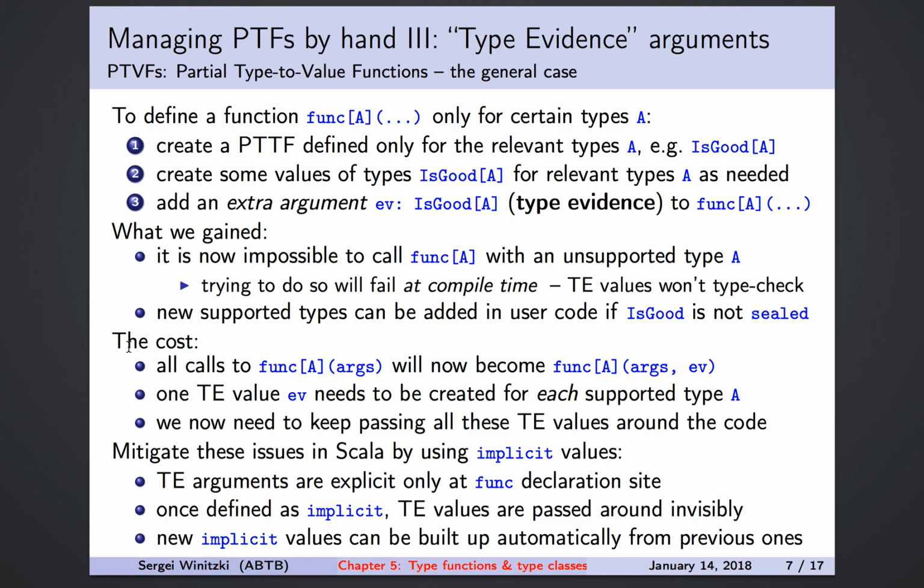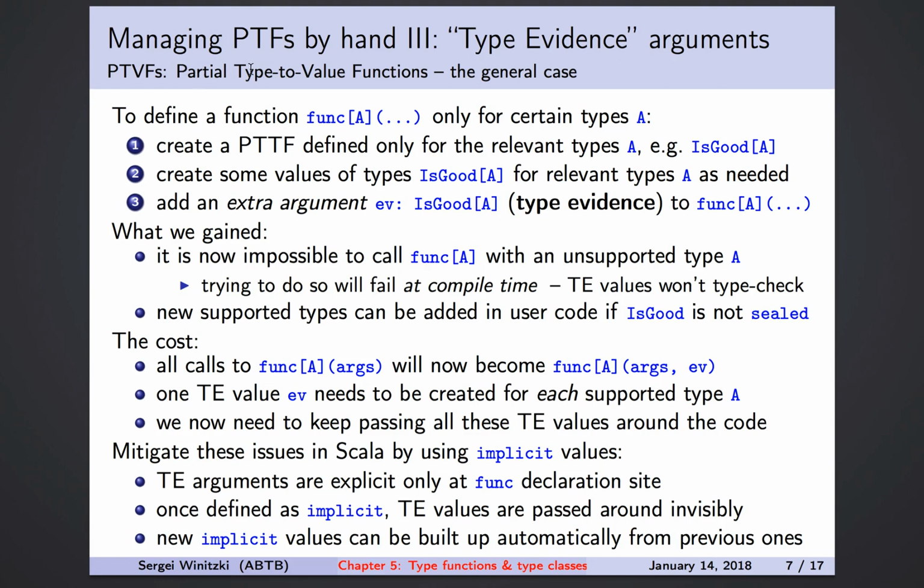However, I would like to emphasize that these are cosmetic issues which make code better and easier to write. They do not change the character of the code in a qualitative way. These gains will stand whether we use this or not. So we can use this mechanism, the partial type-to-type functions, also in languages that do not support implicit values.